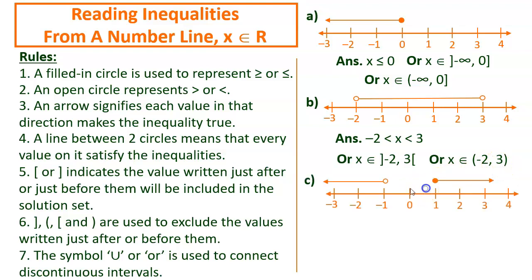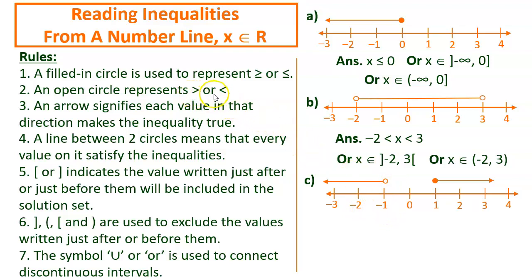Okay, coming to the third example. Now this one is a discontinuous interval, which is mentioned in rule number 4. The symbol U or the word or has to be included to connect the discontinuous intervals. There is an open circle, so -1 will not be included.